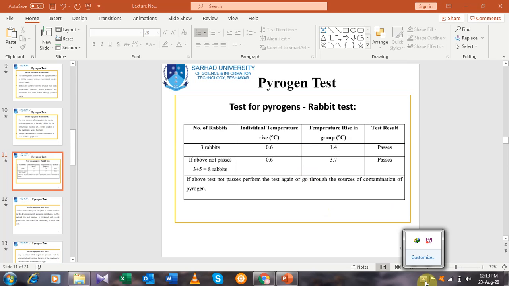Because if we provide these products to the market, they already have contamination, that is pyrogen or endotoxin, and anyone administered this sterile product will have a rise in body temperature. That's why it is not to be marketed, and it should be rejected.